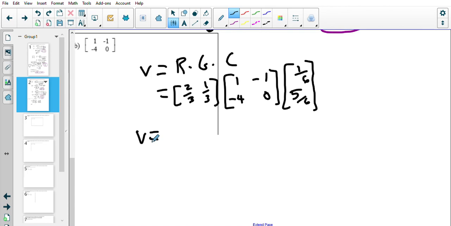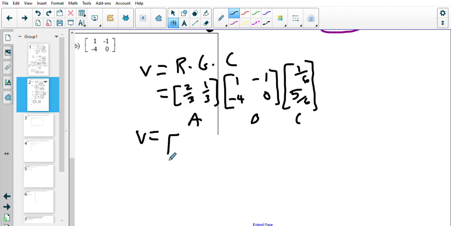And I'm going to put my column into matrix C, 1/6, 5/6. And then I'll just multiply them. So this is A times B times C in the calculator.